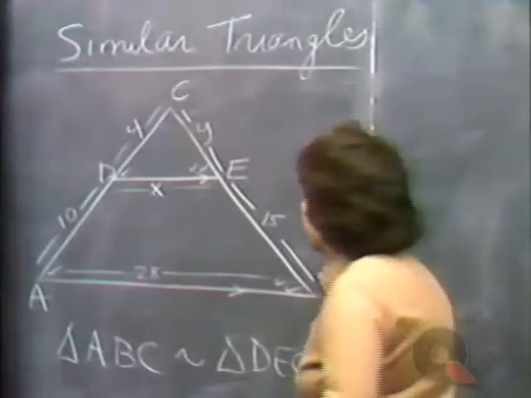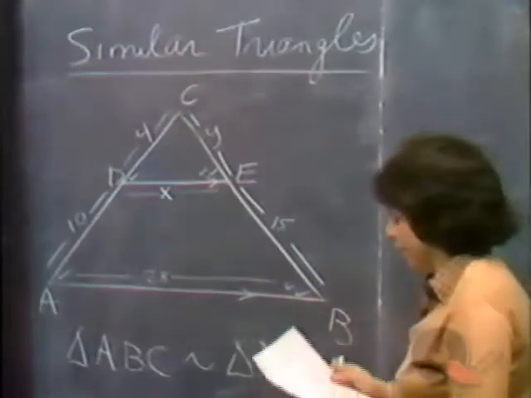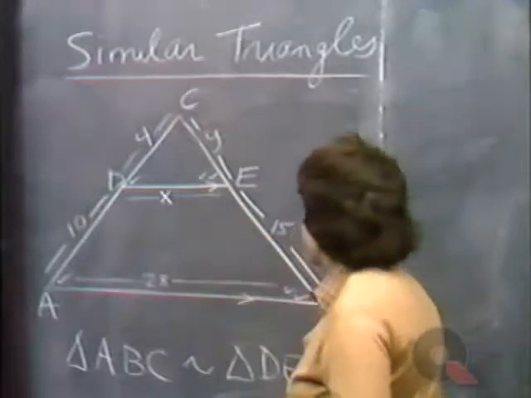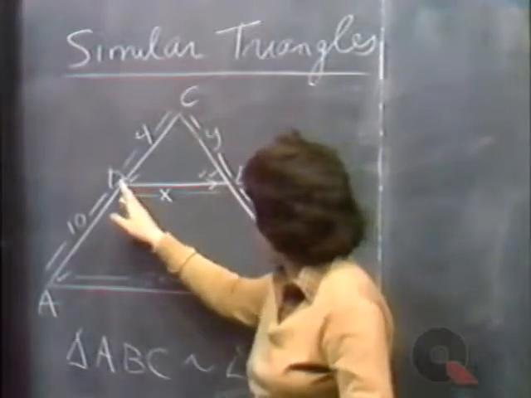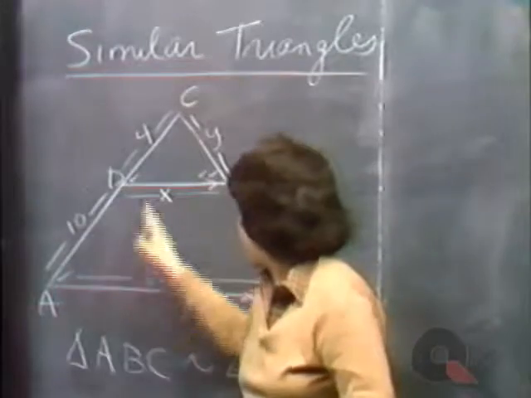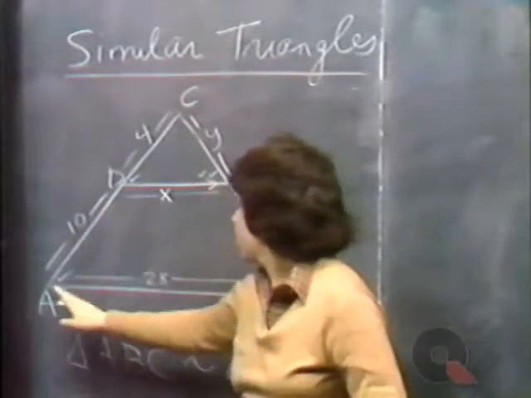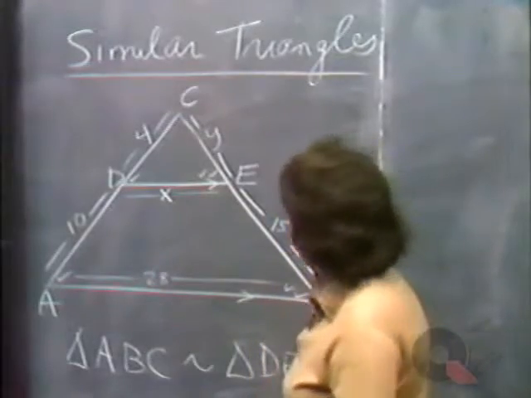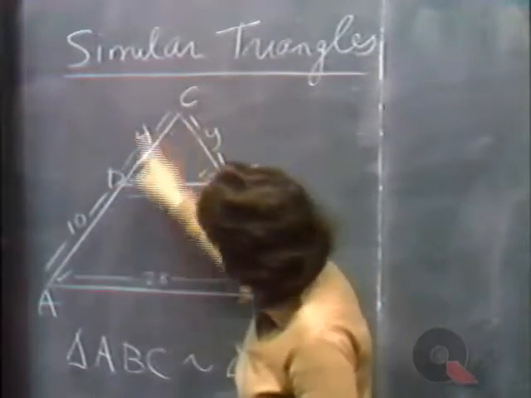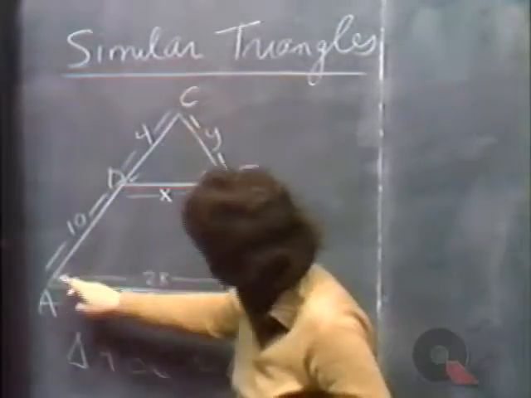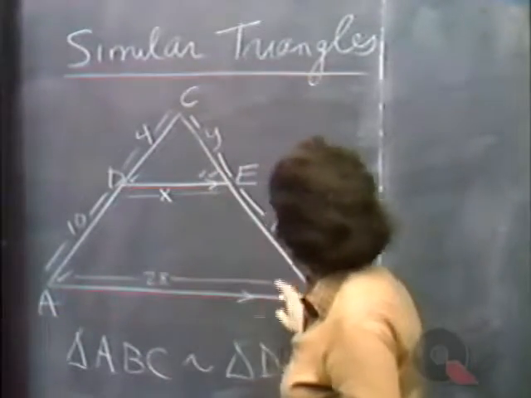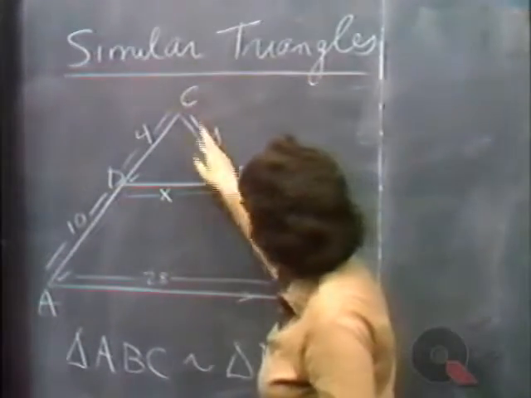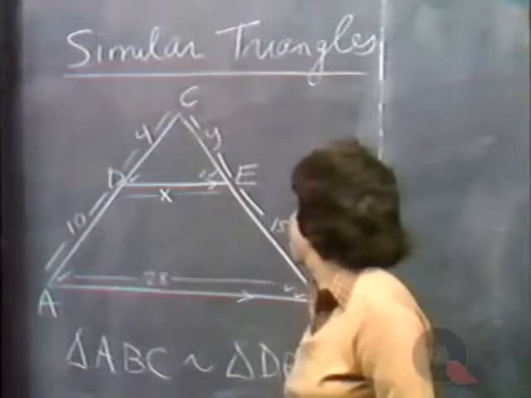Let's first try to find x. DE corresponds to AB. They're both opposite angle C. CD here corresponds to CA, because these two angles are equal, and CE corresponds to CB.